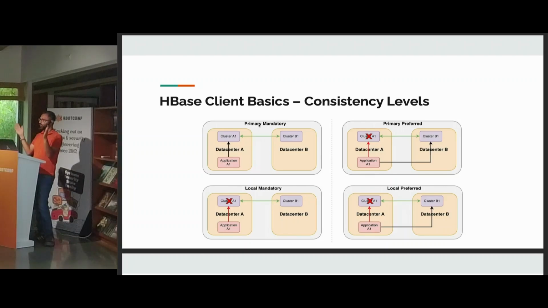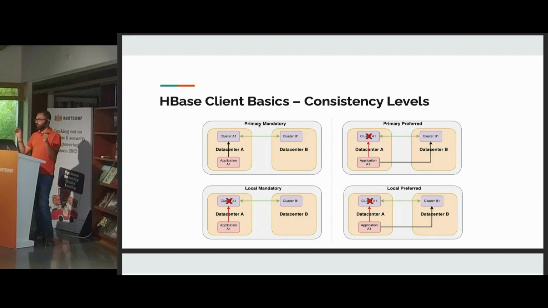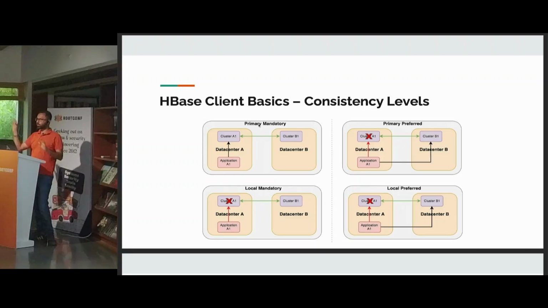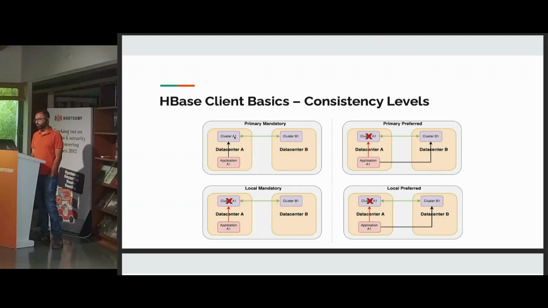Now you have a clear-cut segregation: 1 to 100 is cluster A, data center A, and 100 to 200 is data center B. So when you have clear-cut identification, the primary for 1 to 100 is the A side of the cluster, and the secondary is on the B side of the cluster. We'll talk about this a little bit later. Then primary mandatory will always talk to, in this case, application A1 will always talk to cluster A1.